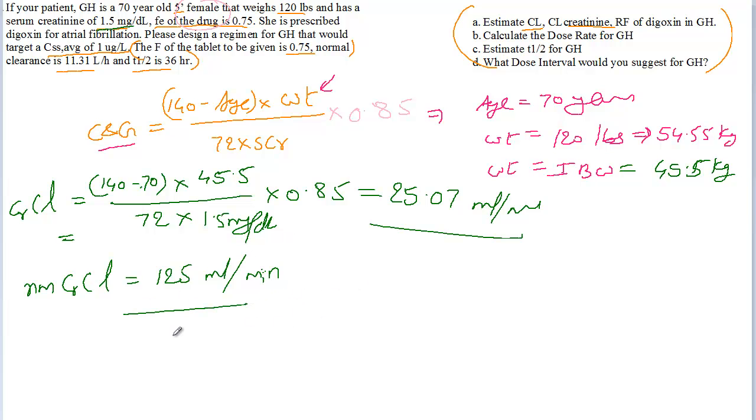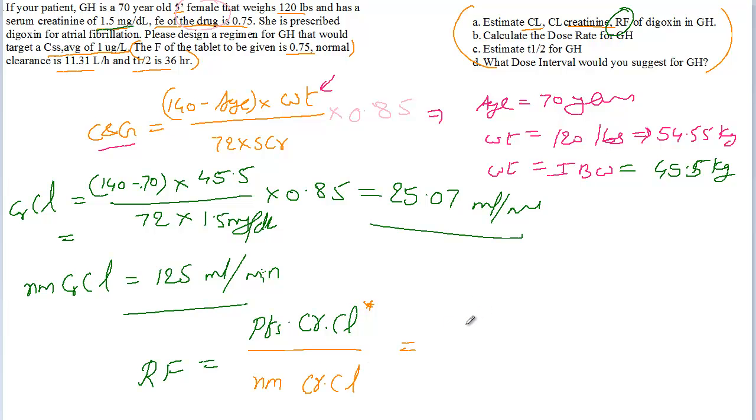So the renal function, the Rf that we're going to calculate, is the patient's creatinine clearance divided by the normal clearance.